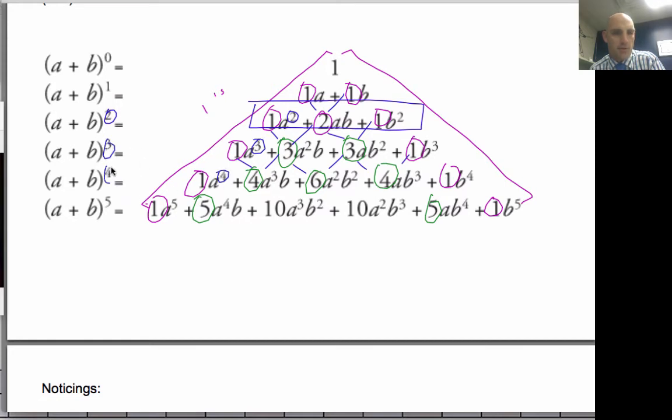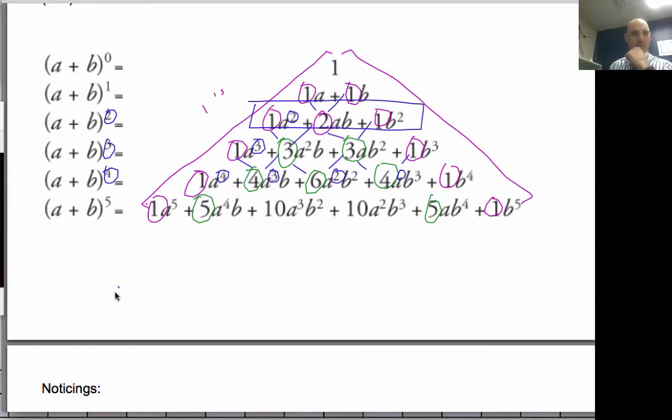My fourth line, so my a plus b to the fourth, which is actually the fifth one, but a plus b to the fourth, the first term, the exponent matches. And then on my a's, it's decreasing, 4, 3, 2, 1. At the same time, the exponent on my b is increasing.